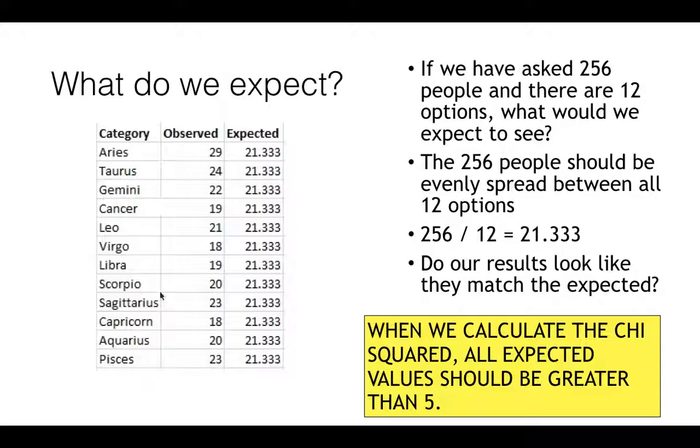So we can look at these now and we can see that there are some similarities. 21.33 is quite close to 22, very close to 21, quite close to 19 and 20, but there are some big differences as well. So let's go on and see whether or not statistically our observed values fit the population.